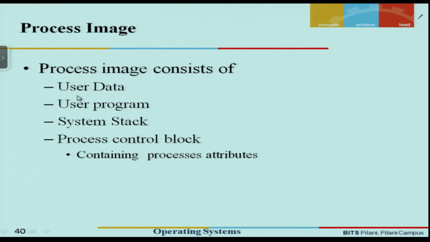As we've seen in our earlier discussion, a process has a text section, that is a program, and this program operates on a set of data. So you have user data, and then a system stack, and then something we call a process control block, which contains the process attributes. We will define shortly what the process attributes are which must be contained inside the process control block.